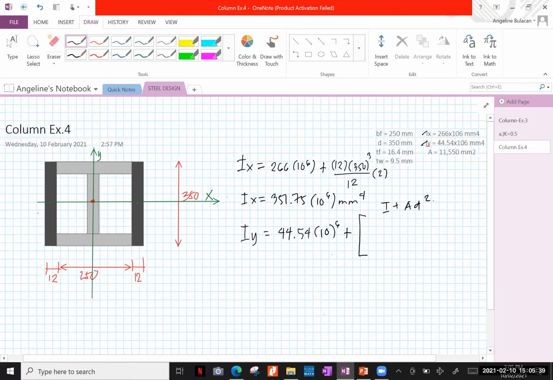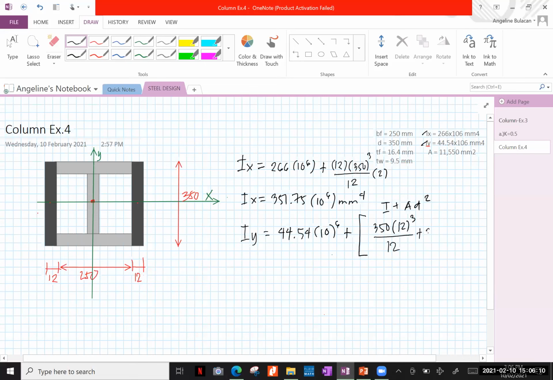I ng dalawa, we have, again, ang magiging base nyo is ito, ito yung magiging height. Kasi maraming namamali doon, nakakalimutan nila na ito dapat yung base. Ito naman yung height. So, base natin is 350, ang height natin is 12. So, BH cubed over 12.